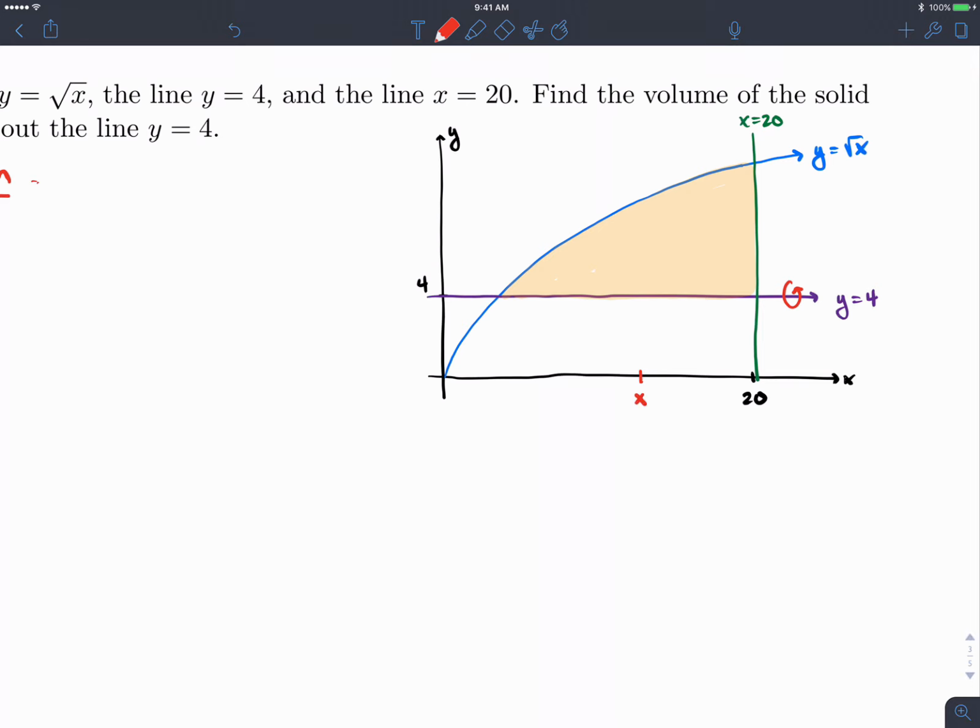What would a cross section that gets rotated look like here? Well, we would start on our axis of rotation, and it's going to go up to the boundary curve. So this little sliver of area right here is representative of one piece of this region that is going to get rotated. This is what we refer to as one of our cross sections.